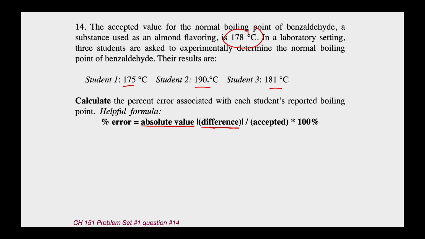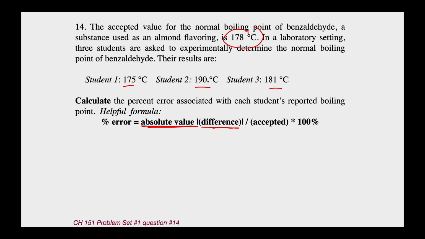So you can see that 178 minus 175 would be positive, but 178 minus 181 would be negative. Whatever order you do it, turn the negatives into positives. That's what absolute value is. And we're going to divide it by the accepted value, which is 178, times 100%. So all of these numbers are going to be positive percent errors.